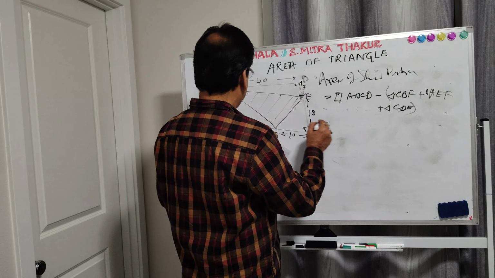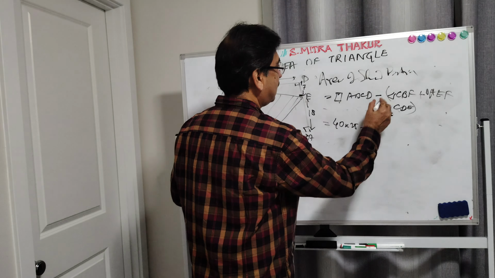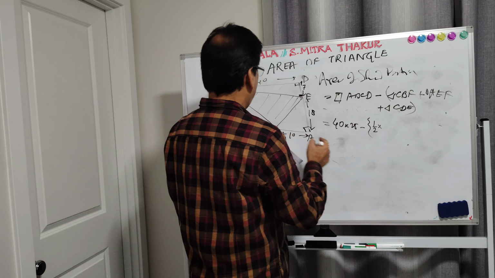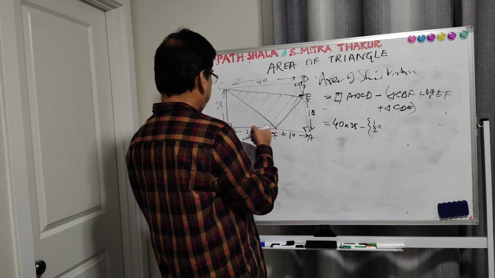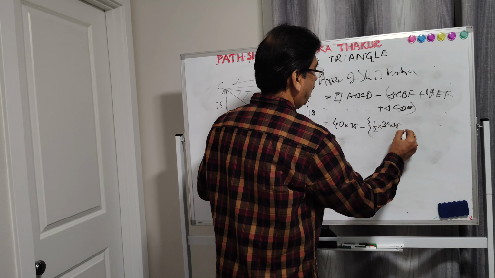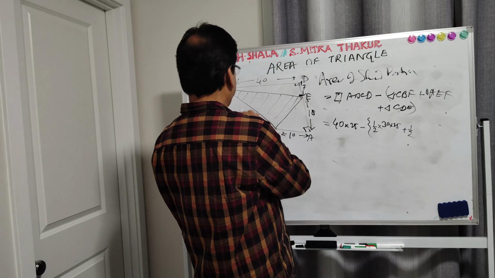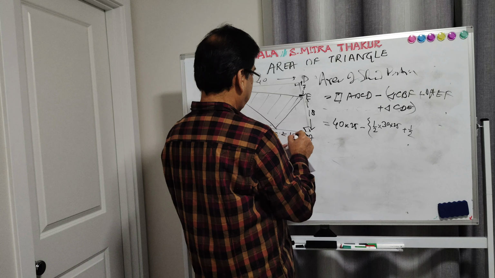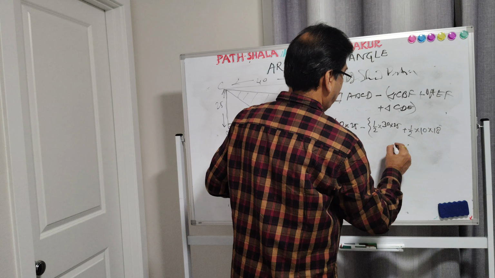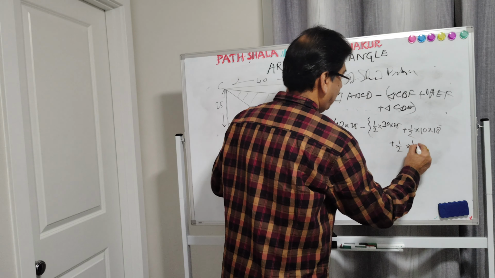So here it is 40 into 25 minus half into 30 into 25 for CBF, plus half into 10 into 18 for AEF, plus half into 40 into 7.